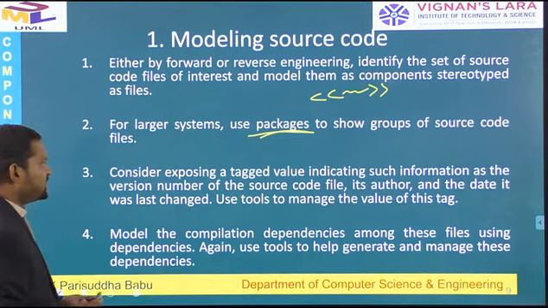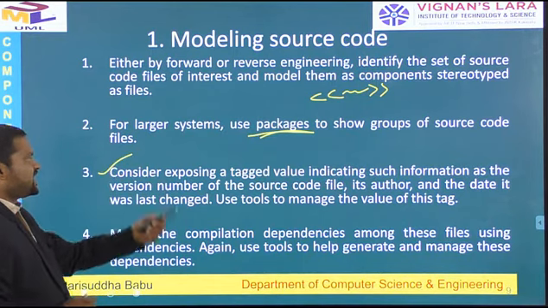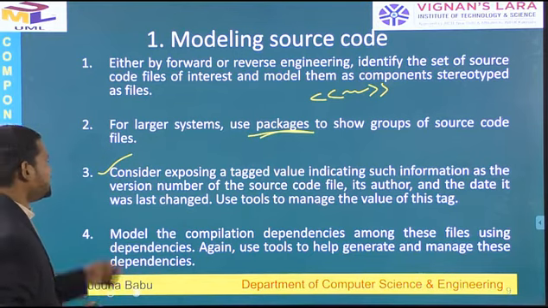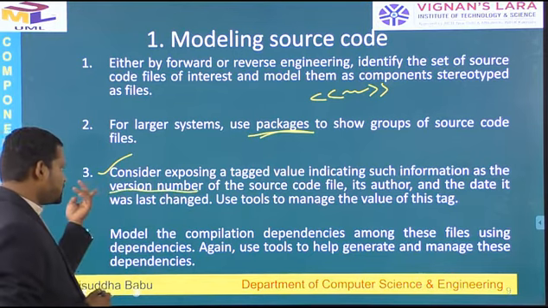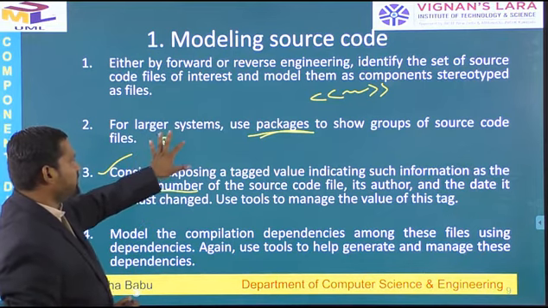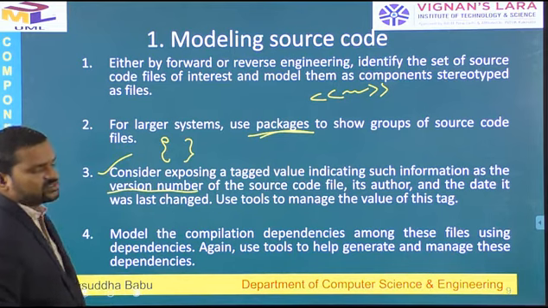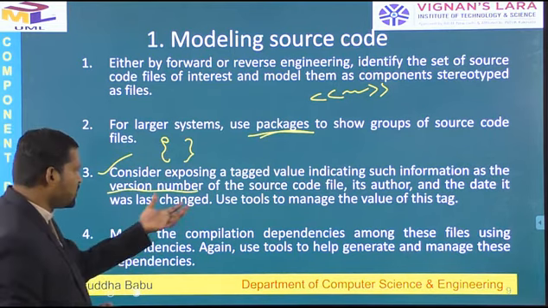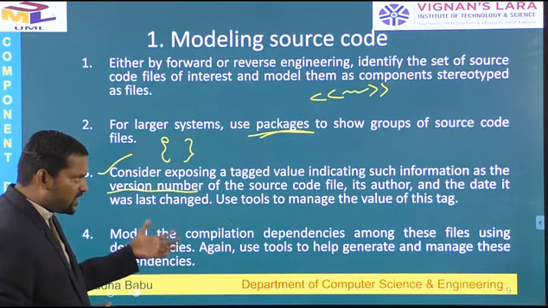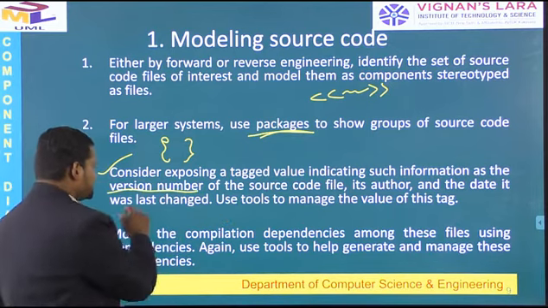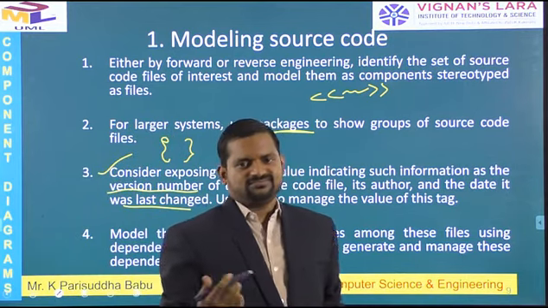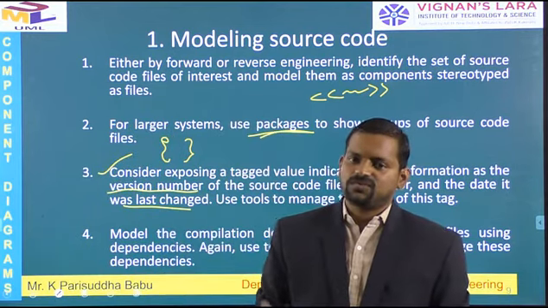Next, consider exposing a tagged value indicating such information as the version number. You may indicate the version number in between the square brackets. For the source code file, its author name and the date of the last change you may also mention while you are designing the component diagram.